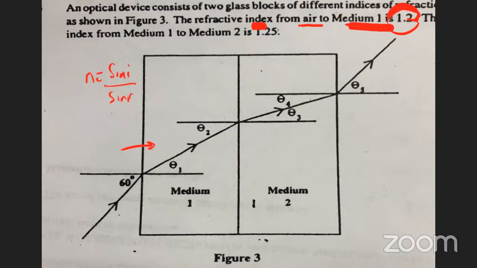I'm trying to make r the subject of the formula, right? So I'll rearrange it for you one time. For those who can't rearrange, learn this formula: r is equal to sine inverse of sine i over n. Any answers online for those who did this?